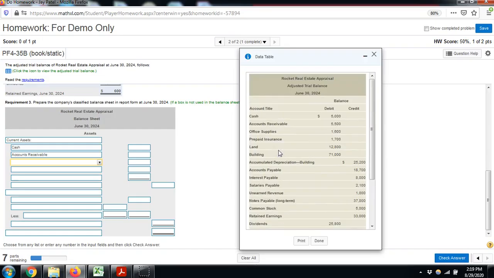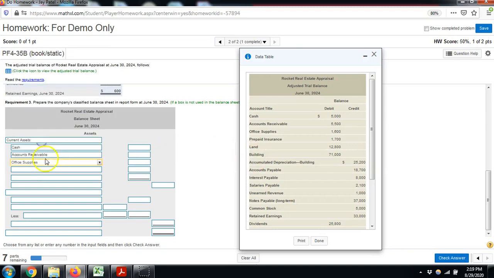Well, let's actually see. So we have cash, accounts receivable, office supplies, prepaid insurance, land, building. So these are our assets. The current ones are going to be these first 4 assets here. Land and building are not current.